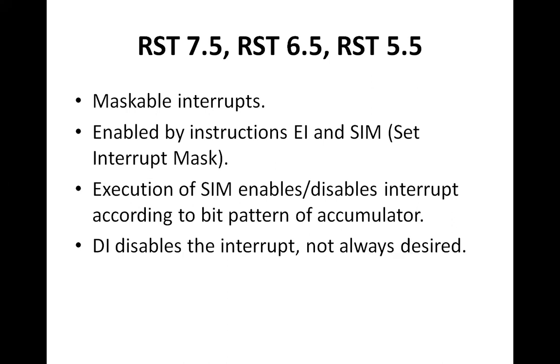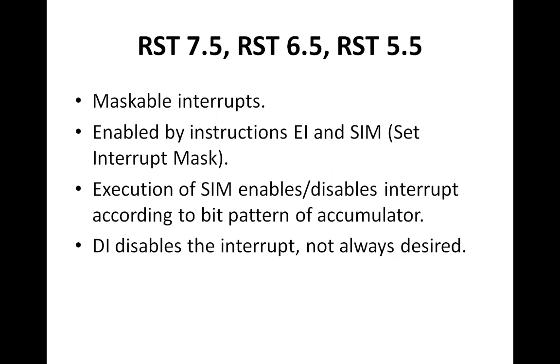This can happen in combination with another instruction called set interrupt mask. So 7.5, 6.5, and 5.5 are known as maskable interrupts. They can be masked, they can be unmasked.